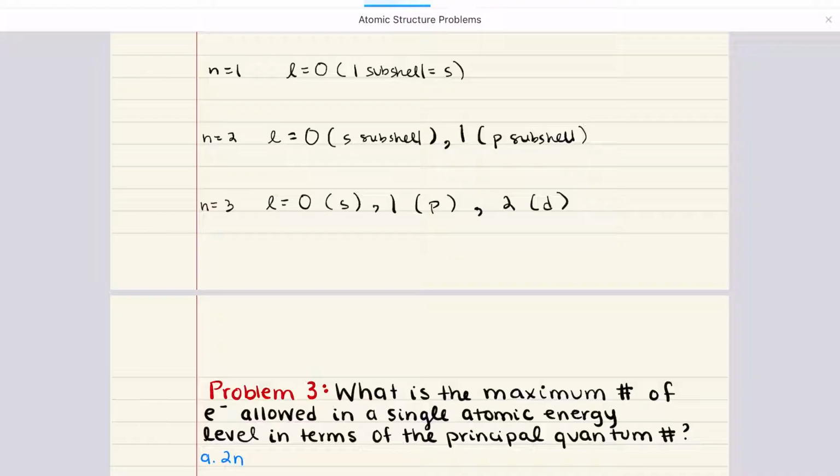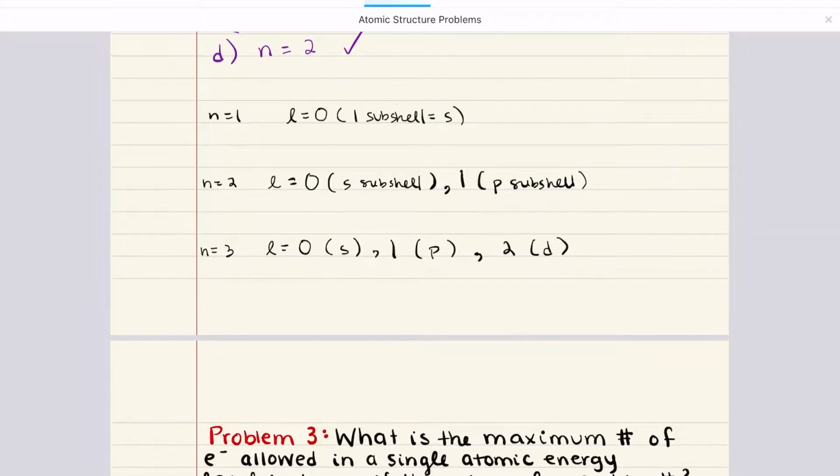And all those values tell us is the number of orbitals we can have. So for n equals 1, we only have the S subshell because L can only be 0. When L is equal to 0, ML can only be 0, which means that there's only one orientation for the S subshell, which means we only have one orbital here. And with one orbital, we can only house 2 electrons.